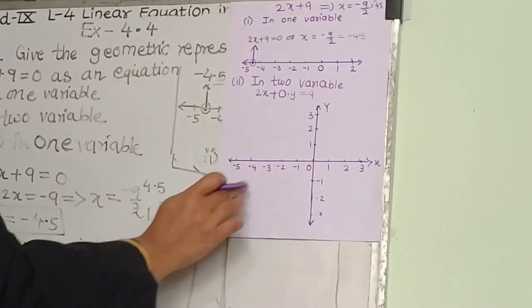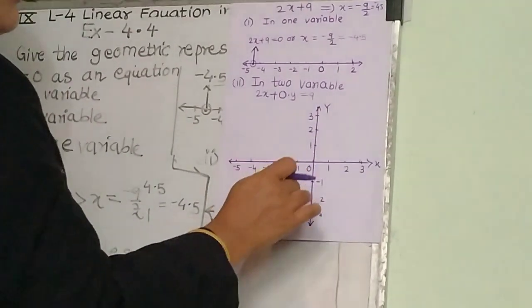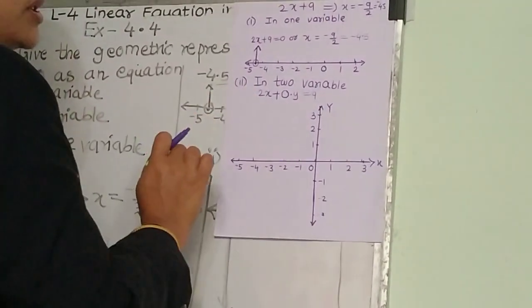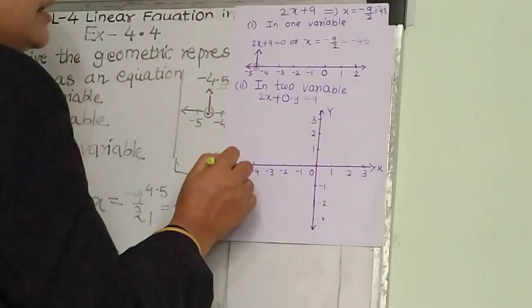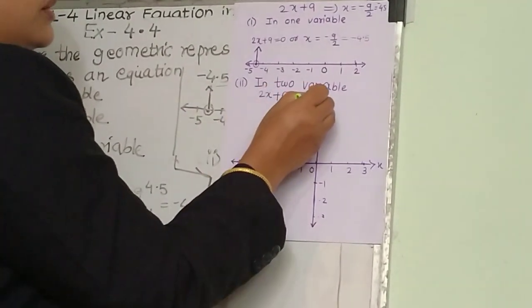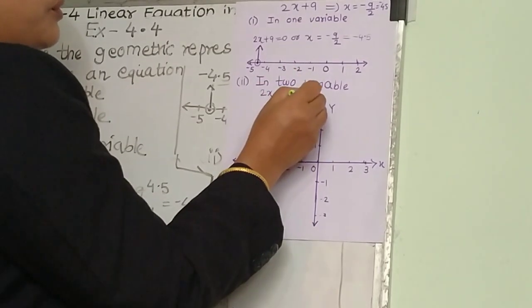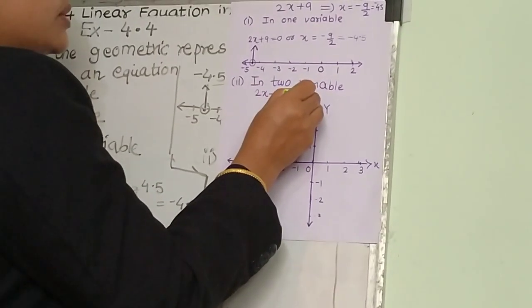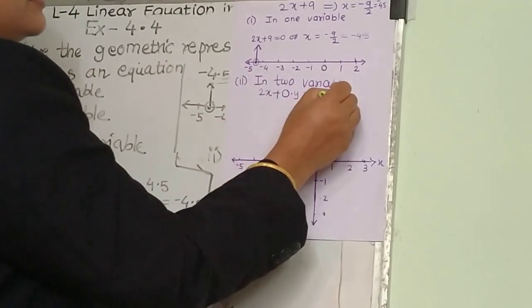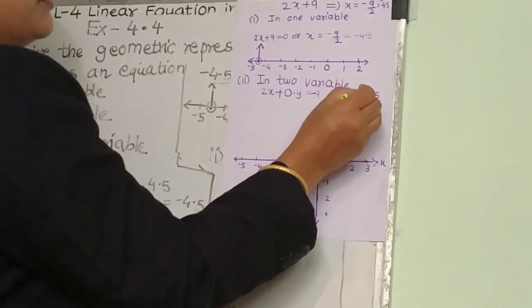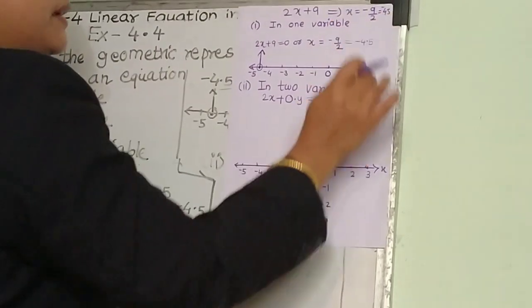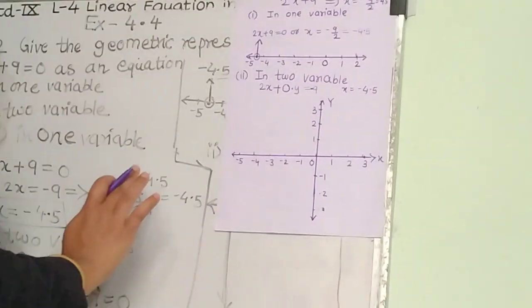Now we are going to plot the graph of this equation. Again, if you see, we get 2x equals minus 9, then here we get x equals again minus 4.5. The same value will occur here.